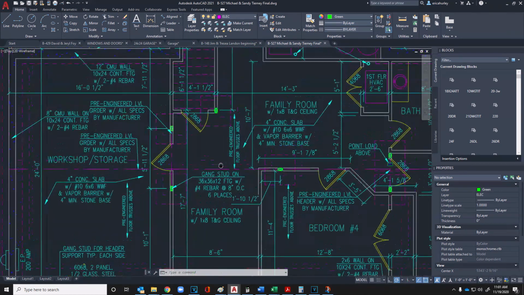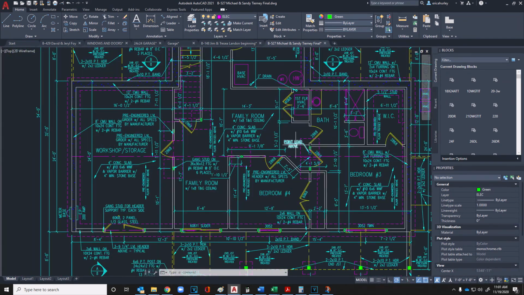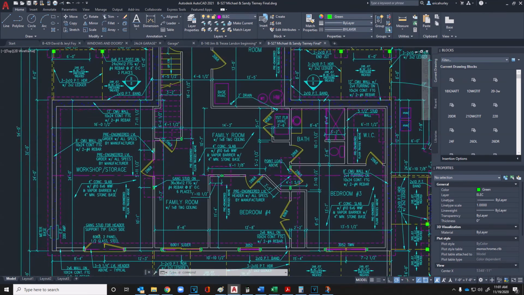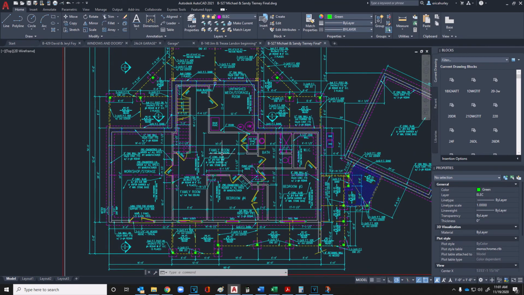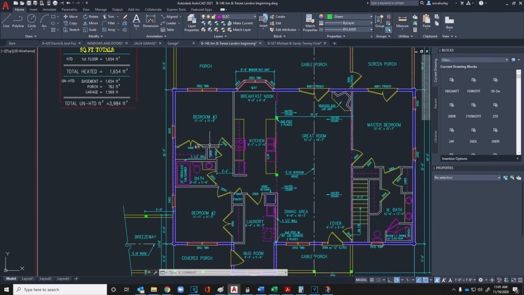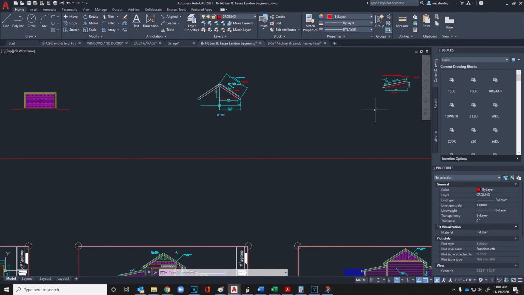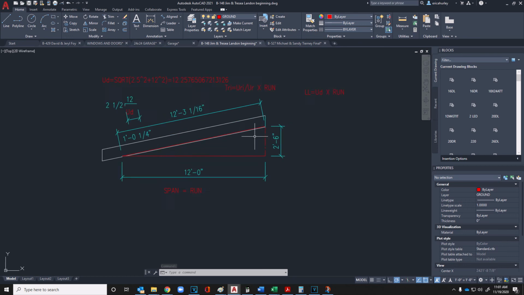And if it doesn't work out, I move them, because the builder doesn't need to be building to 1/16 of an inch. He needs to have everything simplified for him. And that is the job of the draftsman, to make sure that everything is coming out the way it should.